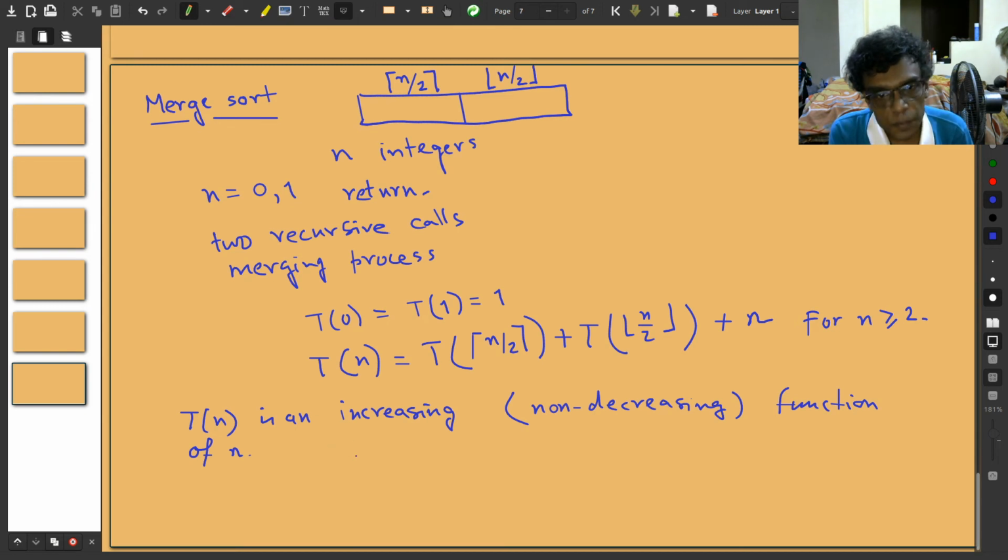So what does it mean? If you increase n, the value of Tn never decreases. Equivalently, this says that Tn is less than or equal to Tn plus 1 for all n greater than or equal to 0.